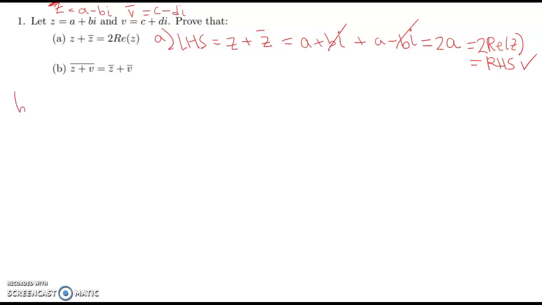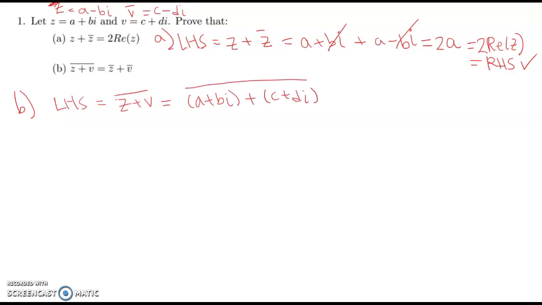All right, so let's do b. We have this huge bar above z plus v, so let's figure out what z plus v is going to be. I'll start with the left-hand side, which is the conjugate of z plus v. So this is a plus bi plus c plus di, and this entire thing is under a bar.